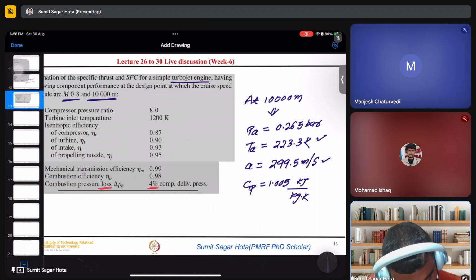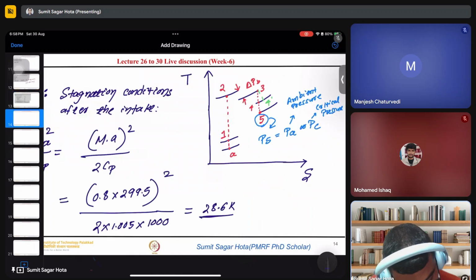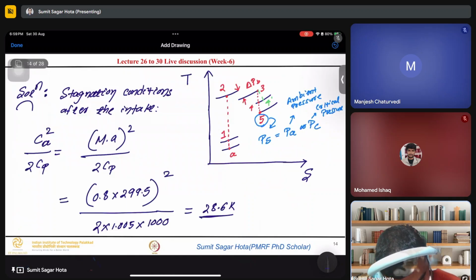So in the question we have the intake efficiency 0.93. What else do we need? Ca we need.